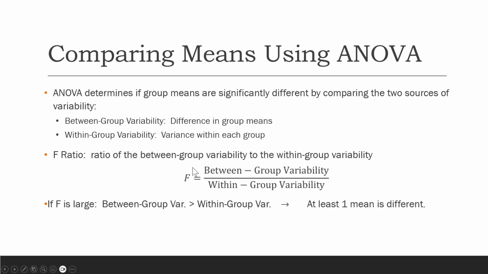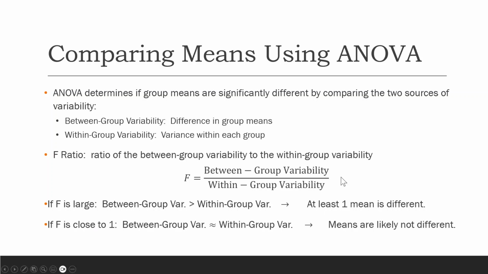well, if this F is large, that means the number that's on top of the fraction in the numerator was large, right? So that means between group variability is larger than the within group variability. That provides evidence that at least one of our means are different. So at least one mean is different. We'll be more likely to reject our null hypothesis if that is the case.